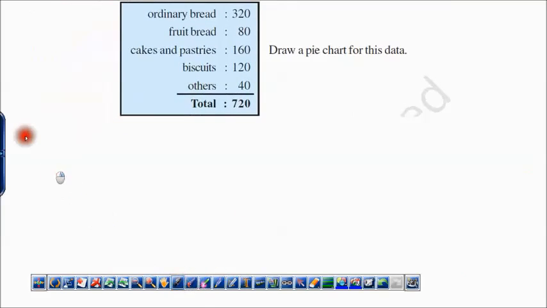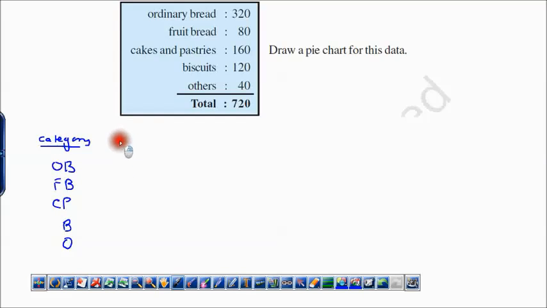First is category, which will be ordinary bread, fruit bread, cakes and pastries, biscuits and others.